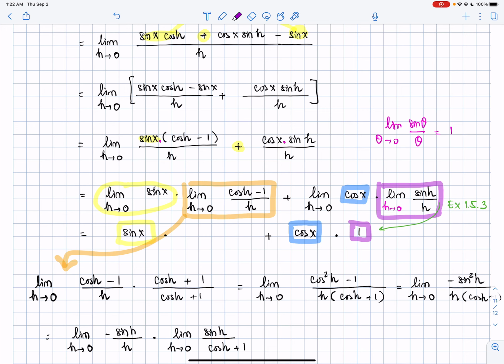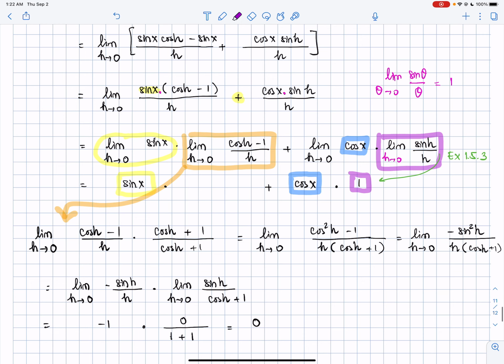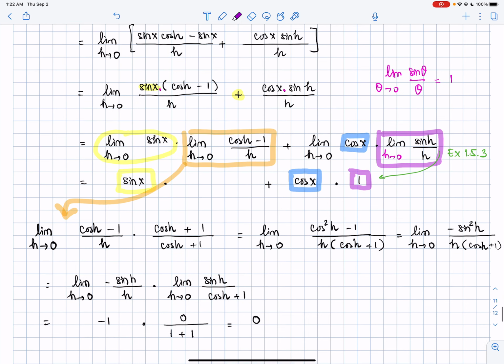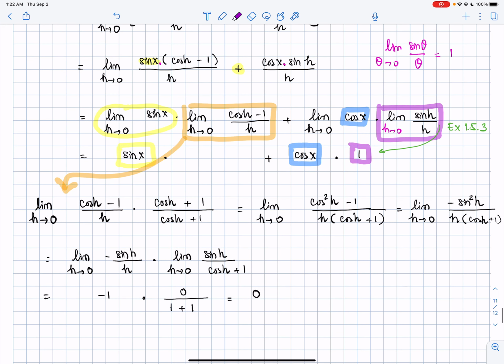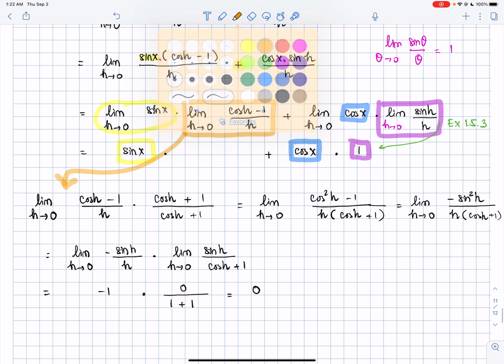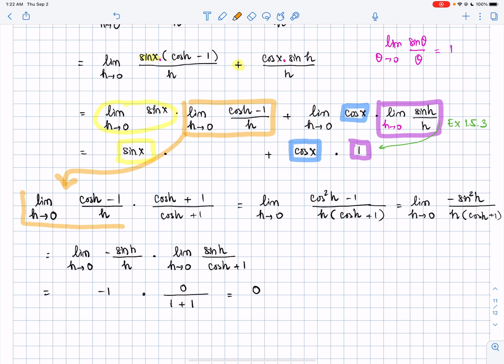Okay, so we have the answer for everything except the orange part: the limit of cosine of h minus 1 divided by h as h approaches 0. The orange part that we have is right here. So what I do is multiply by the conjugate of cosine of h minus 1.